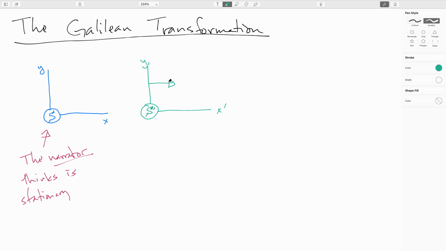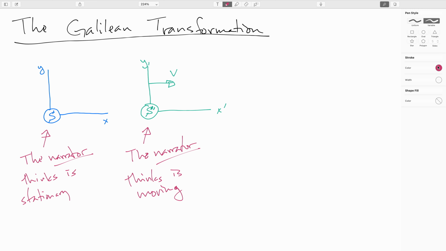And we will say that S prime is moving at velocity V with respect to S. So again, here, S prime is the observer that the narrator says is moving.